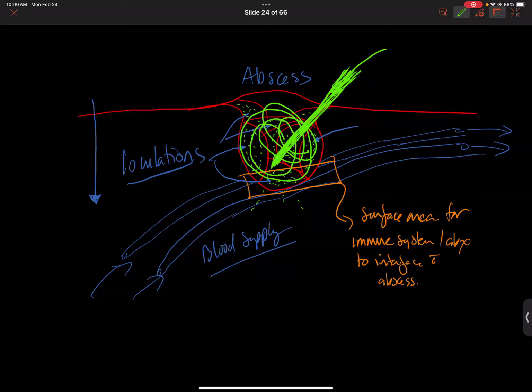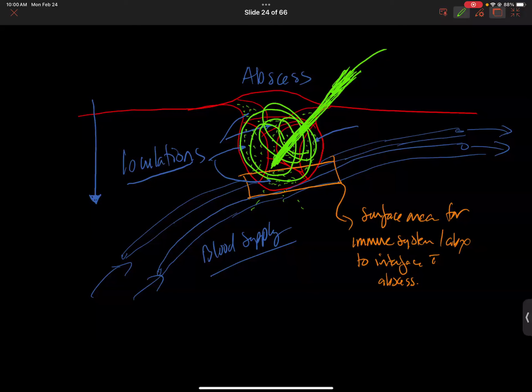And the other thing I want to mention is this concept of surface area to volume with an abscess. As an abscess grows, the surface area will grow, but the volume grows more so. It grows greater in volume relative to surface area.